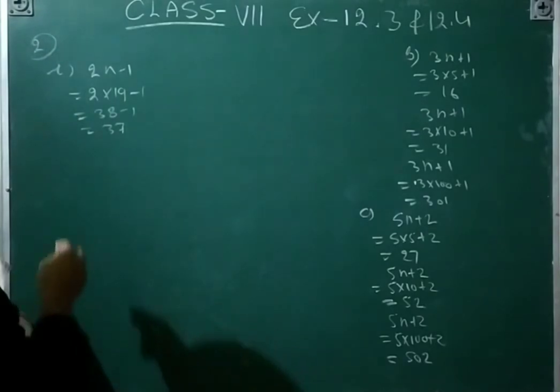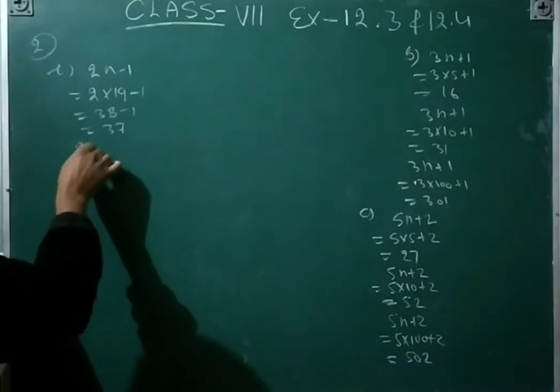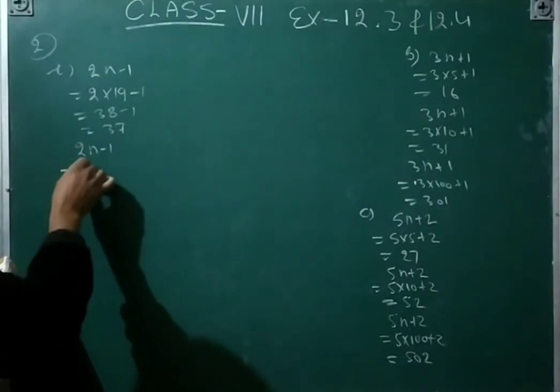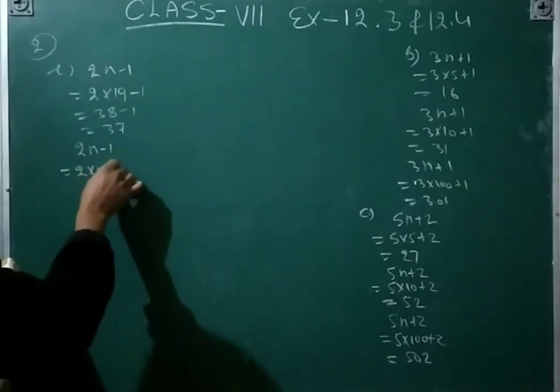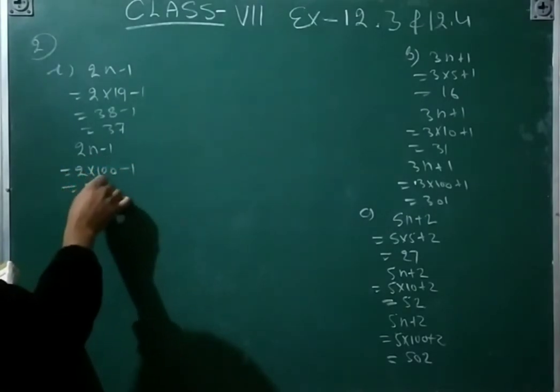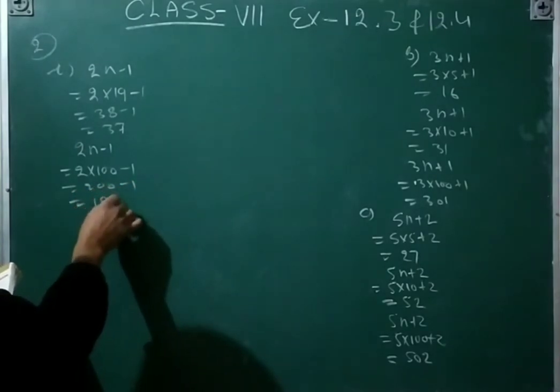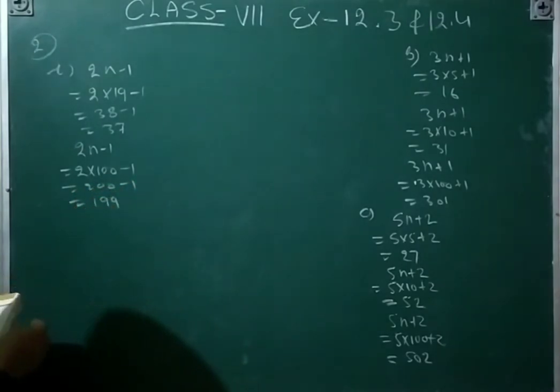And then for the 100th place, 2n minus 1 is equal to 2 into 100 minus 1, that is 200 minus 1, which is 199. Many more places are here, you can find them.